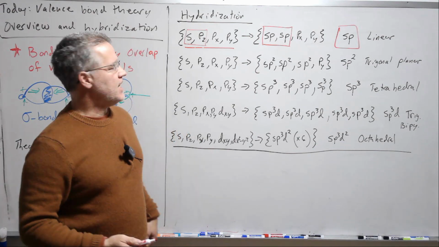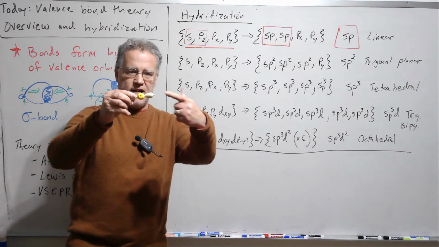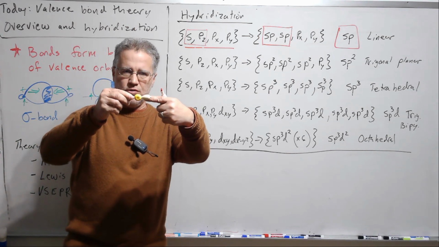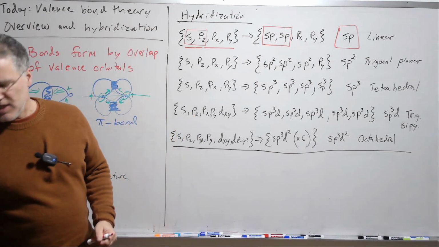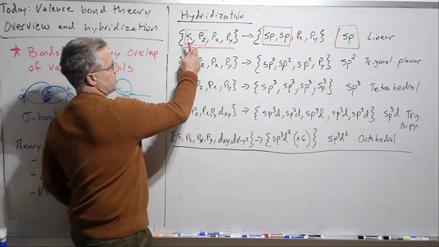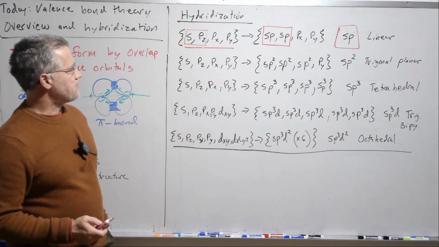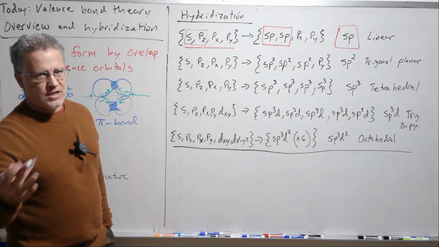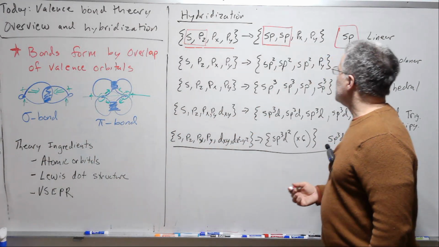So if you want to make an sp hybridized orbital, and this guy's getting ready to bond, overlap this orbital with something else, then that would be the bond orbital. And that's the motivation for choosing the pz instead of the px or the py. But again, it doesn't really matter, as long as you're clear in what you're doing if you're talking to somebody else.